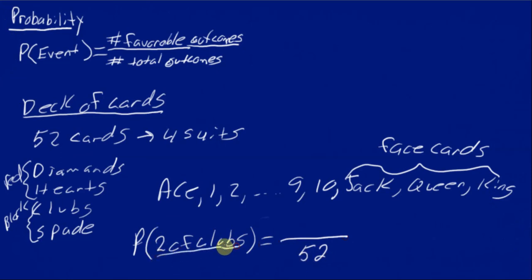How many 2 of clubs are there in the deck? Well, there's only one suit that's called clubs, and it only has one 2. So there is 1 out of those 52 cards. That cannot be reduced. That's 0.0192 or 1.92%.